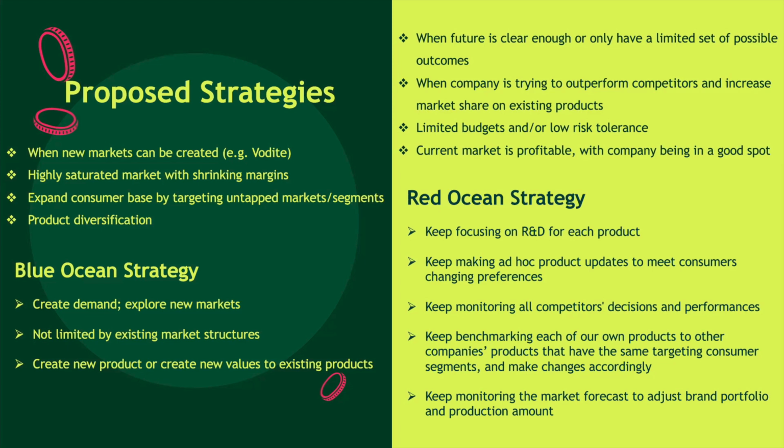On the other hand, when the future is clear enough or only has a limited set of possible outcomes, or when our company is trying to outperform competitors and increase market share in existing products, or say we have limited budgets and low risk tolerance, or when the current market is profitable with our company being in a good spot, we can utilize red ocean strategy in these scenarios, which is to keep focusing on research and development for each of our products.